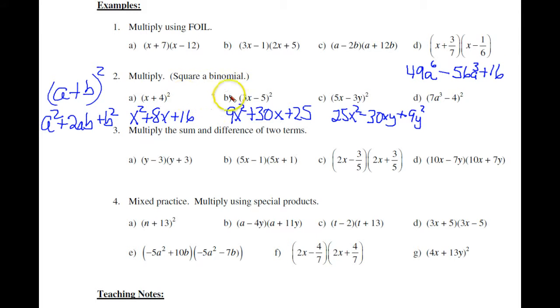Now, when we square a binomial, the product is called a perfect square trinomial. You should write this in your notes. Now, all of these are perfect square trinomials. What are some characteristics of them?